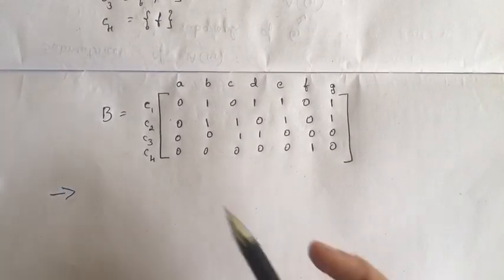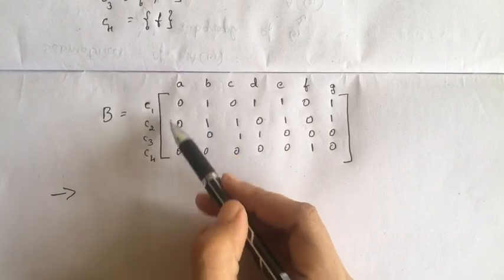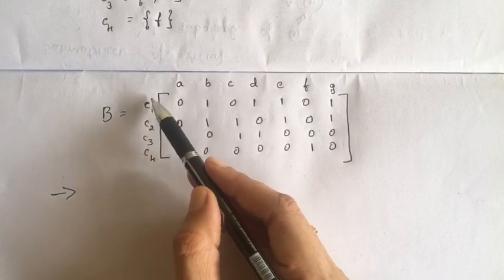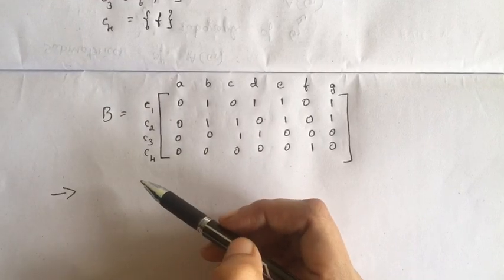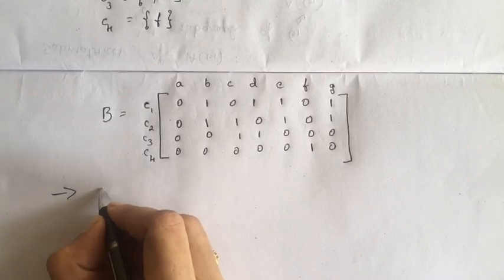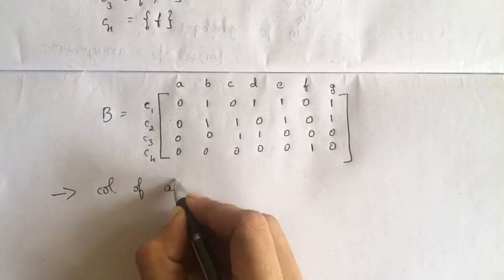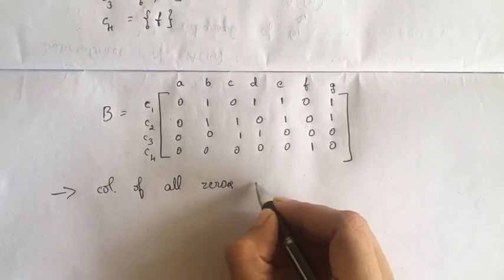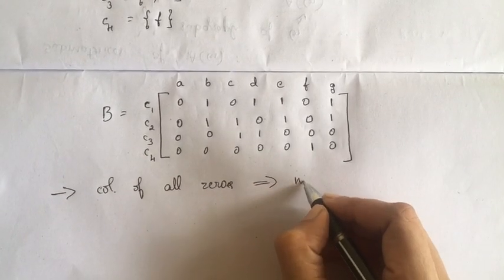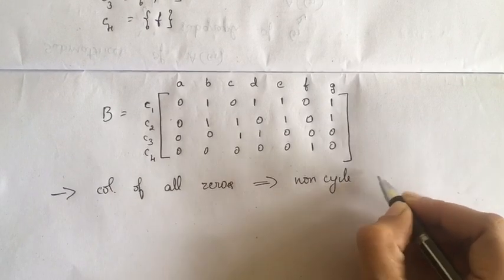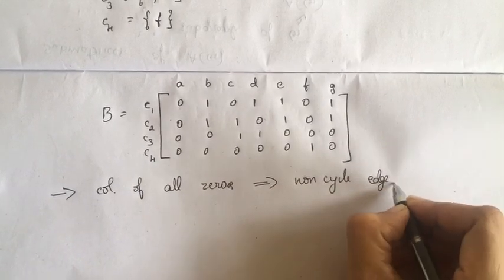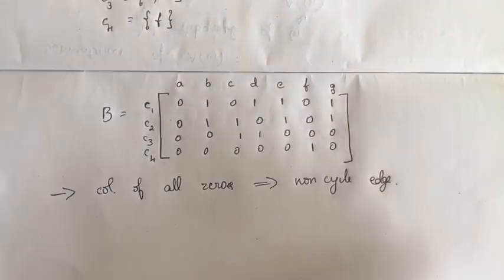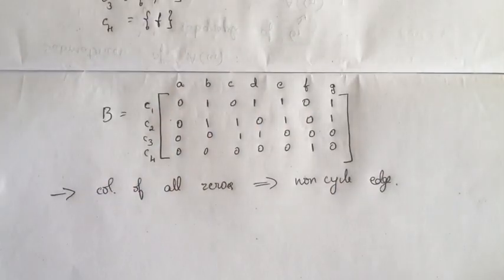You can observe in this column, all the entries are 0, therefore I can say that this edge is not included in any of the circuits. A column of all zeros corresponds to a non-cycle edge. Any edge that does not belong to any circuit, for that column vector, all the values are equal to 0.